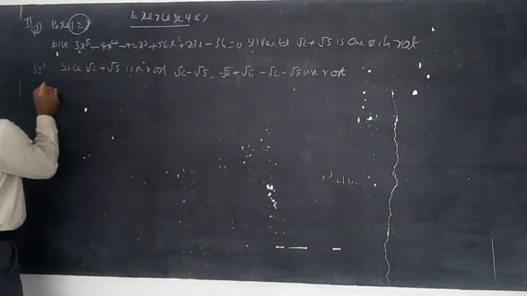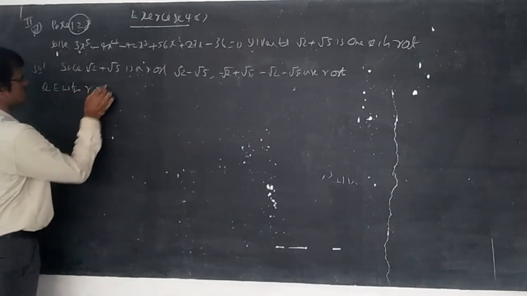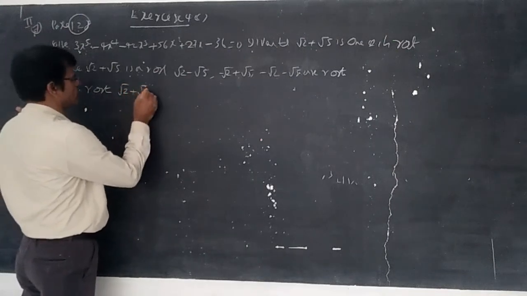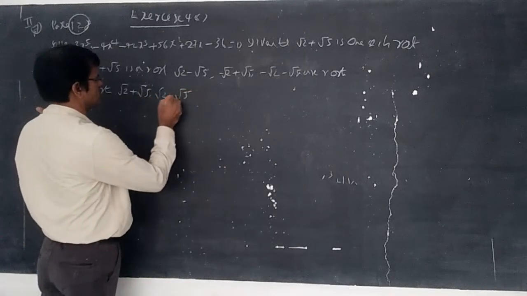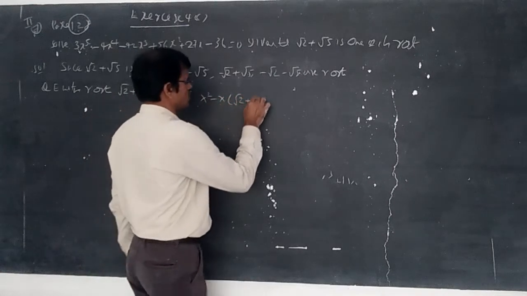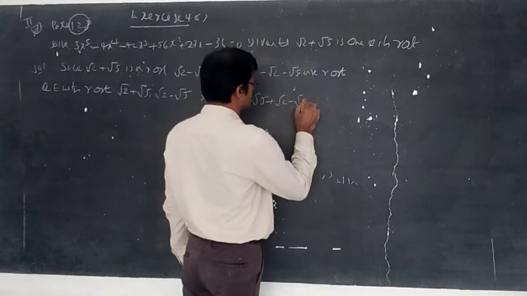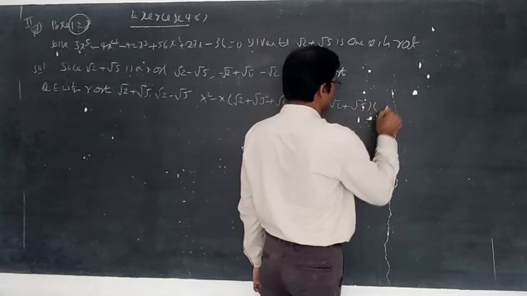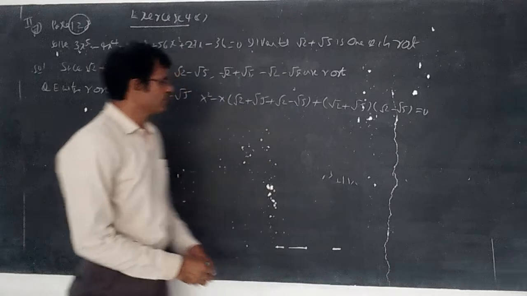Prepare quadratic equations. The QE with roots root 2 plus root 5, root 2 minus root 5 is x square minus x into (root 2 plus root 5 plus root 2 minus root 5) plus (root 2 plus root 5) into (root 2 minus root 5) equal to 0.